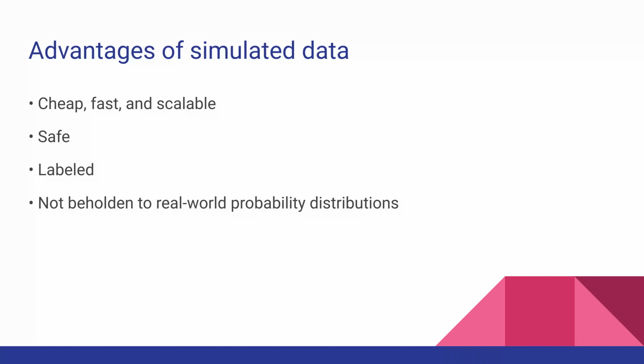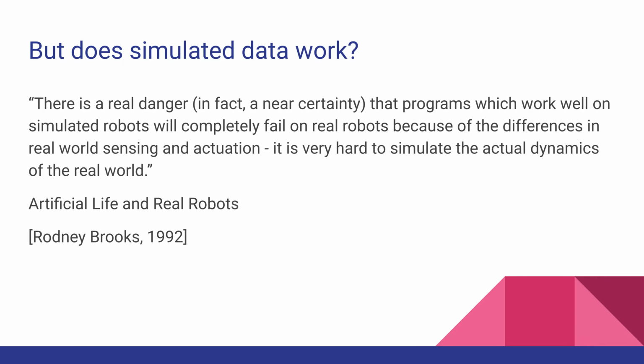Plus there are no real world probability distributions associated with the things present in the environment, because you definitely know that these things are already here. You don't have to worry too much about the probability distributions of things.